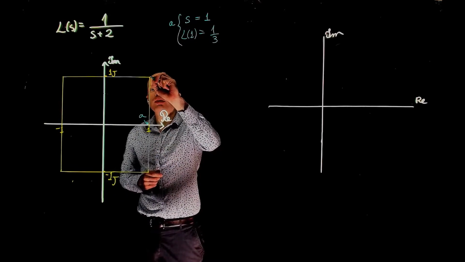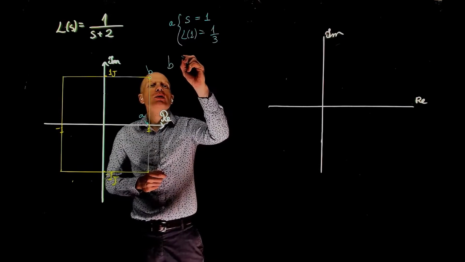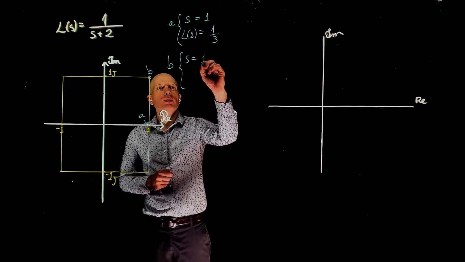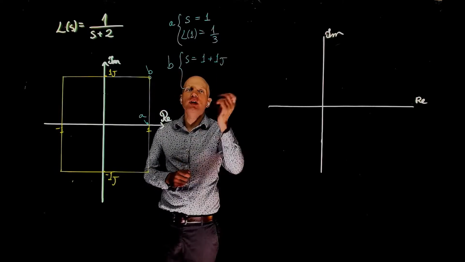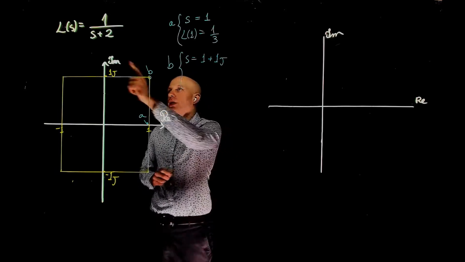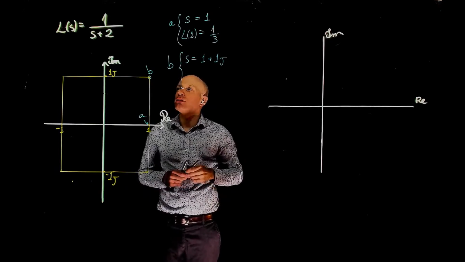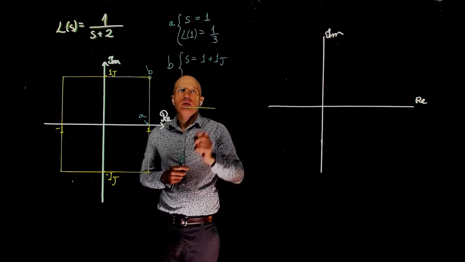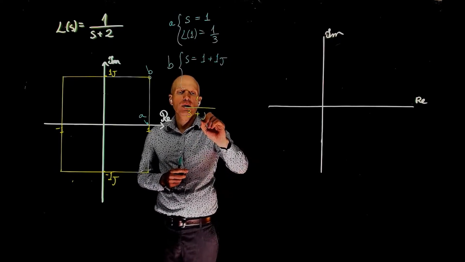Now let's go to point B up here. At point B, we have S equals 1 plus 1j. And now evaluate L of S at that specific point. When you replace S with 1 plus 1j, we get 1 over 1 plus 2 is 3 plus j.